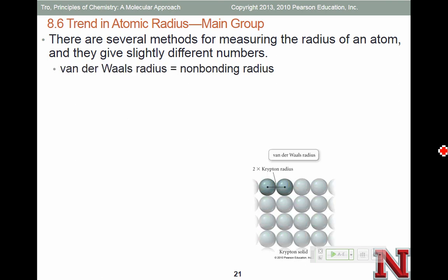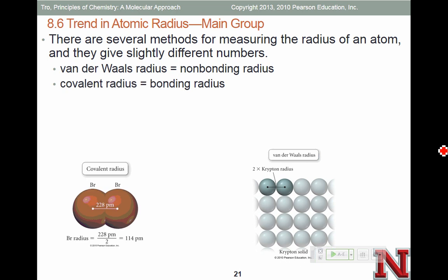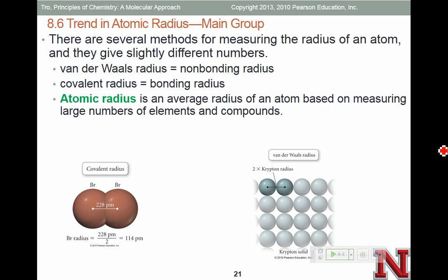So van der Waals radius is the non-bonding radius, and a covalent radius is a bonding radius. So clearly, that's going from nucleus to nucleus, and we have 2 atoms, so it's divided by 2. Atomic radius is the average radius of an atom based on measuring large numbers of elements and compounds. So it's basically the average radius of the molecule.